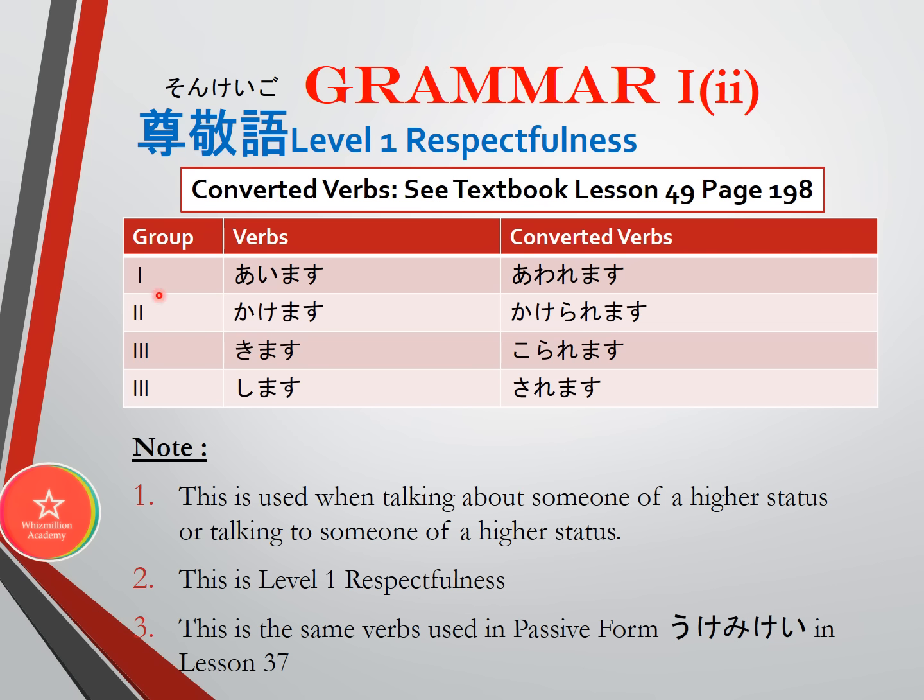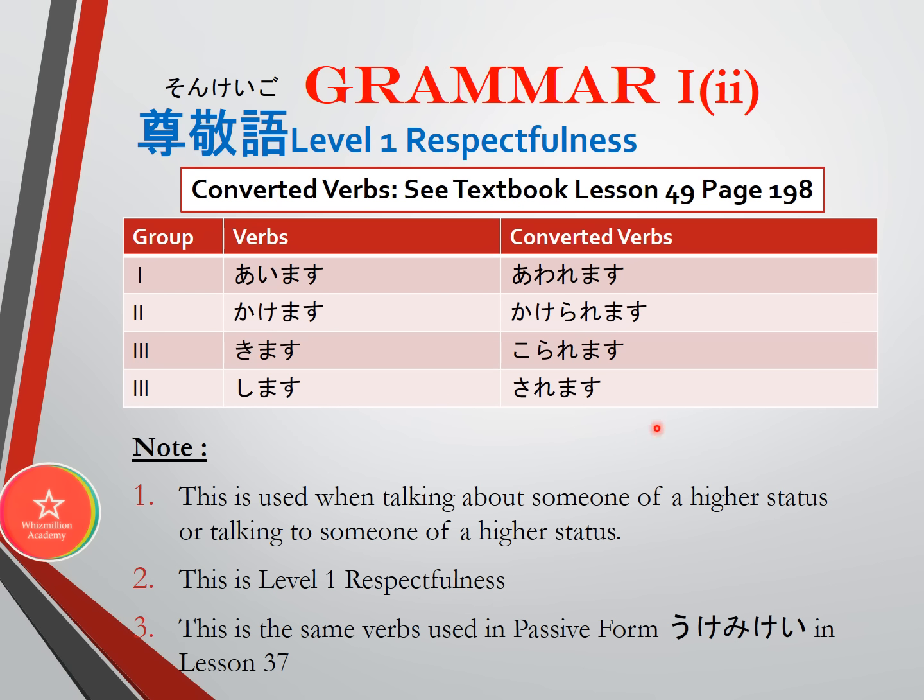Group 1 verbs, for example, aimasu, it will become awaremasu. Group 2 verbs, kakemasu, it become kakeraremasu. Group 3 verb, kimasu, it become koraremasu. Group 3 verb, shimasu, will become saremasu.